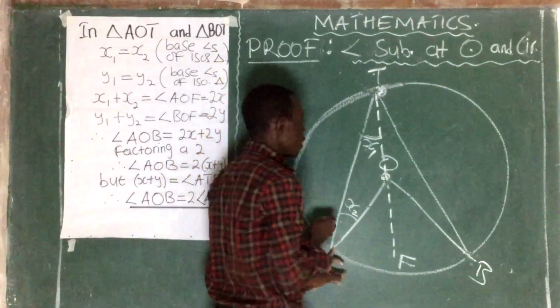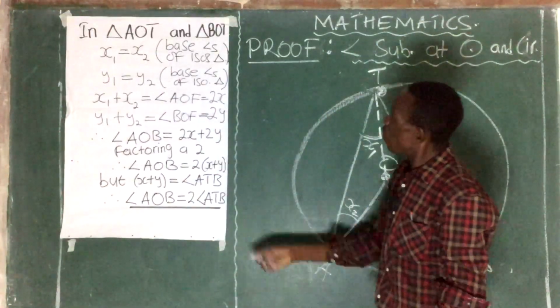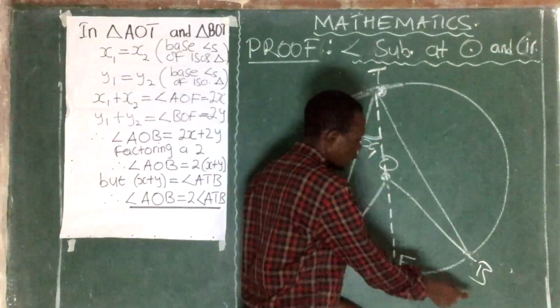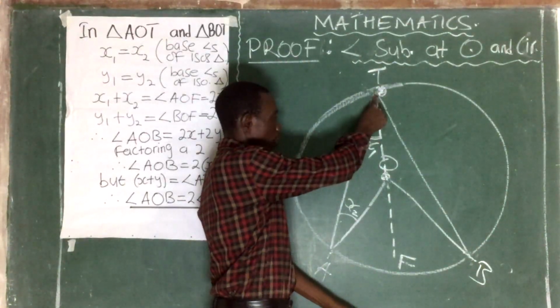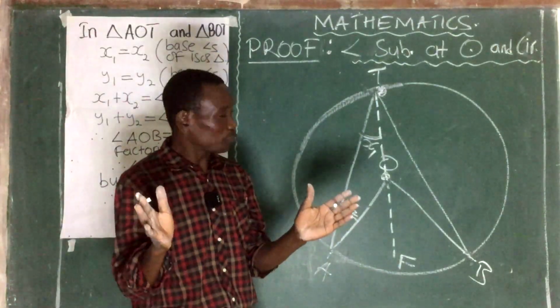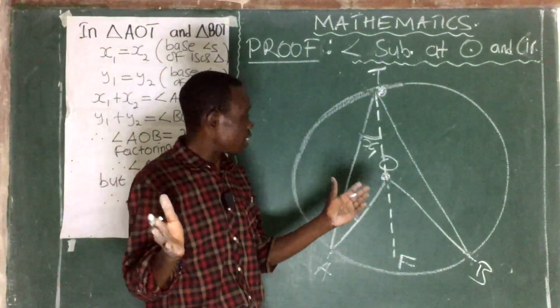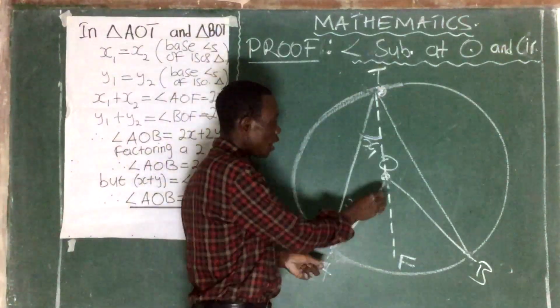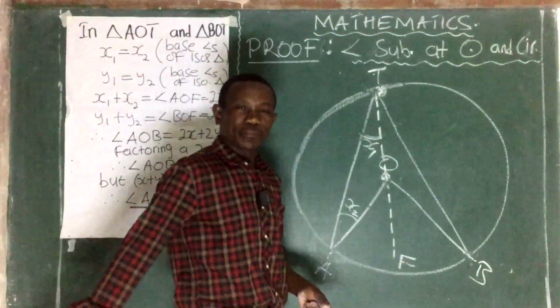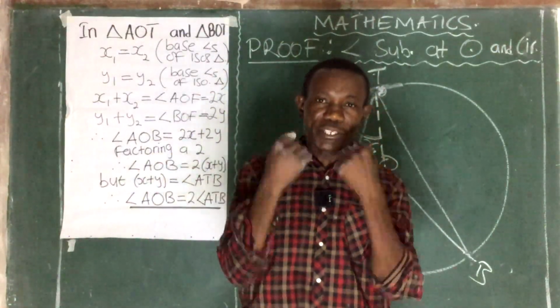Right. In the same way, if we come to triangle BOT, you find that this triangle again has two sides equal. You are not given it, but you can still tell that line OB is equal to line OT. They are also radii.